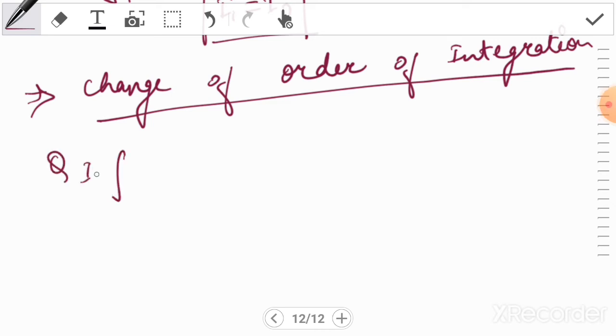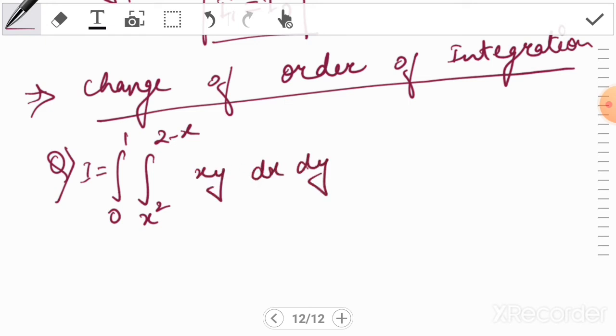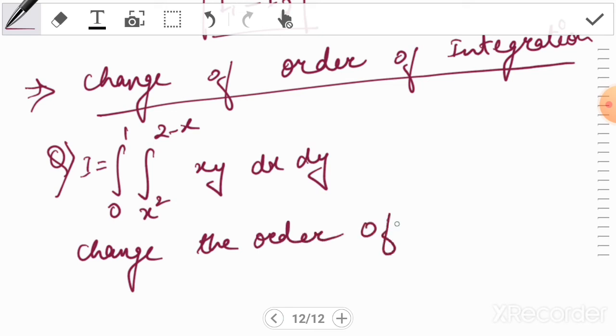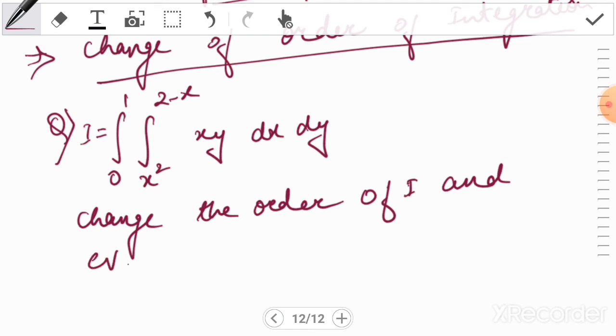Let us integrate 0 to 1, x square to 2 minus x, of xy dx dy. So change the order of integration and evaluate.